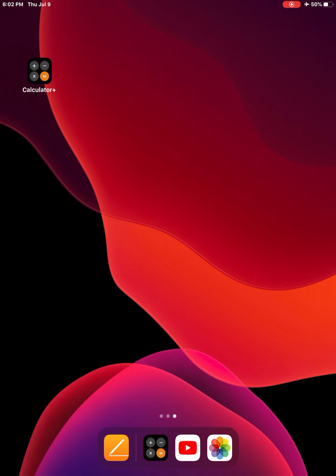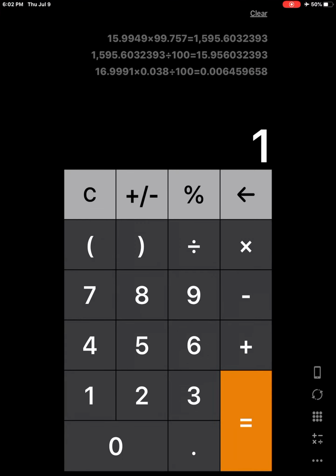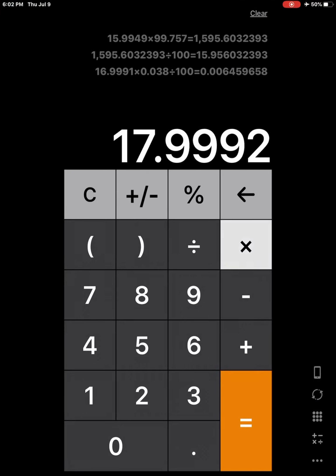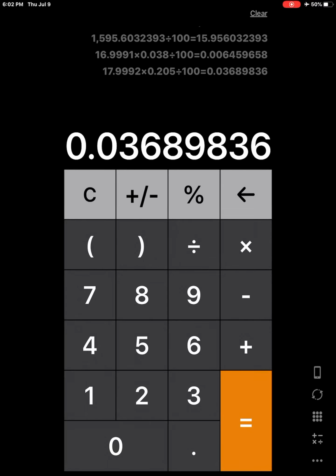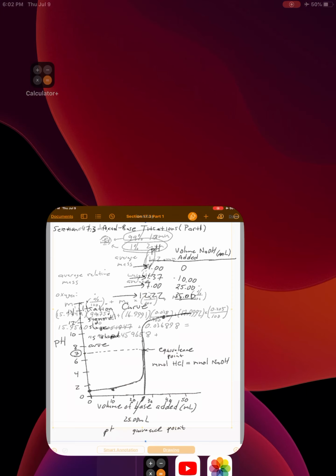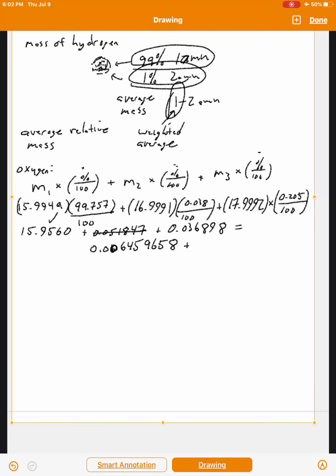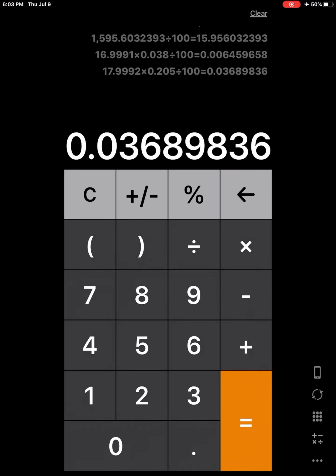Let's see. 036898. That's good. Okay. Let's actually just not even write anything with that one. All I'm going to do is point out that we are getting rid of this one. And that's going to change our sum, right? So let's go through it again. 15.956.